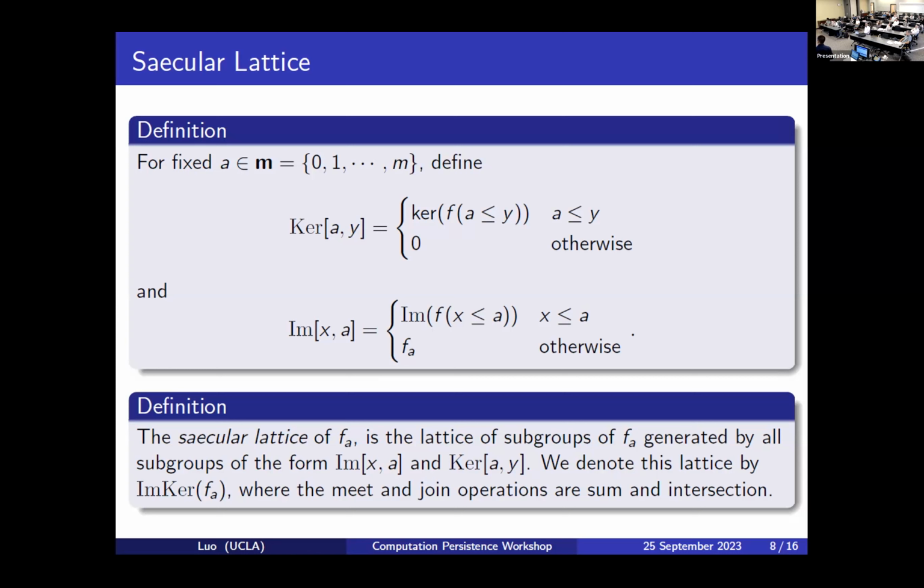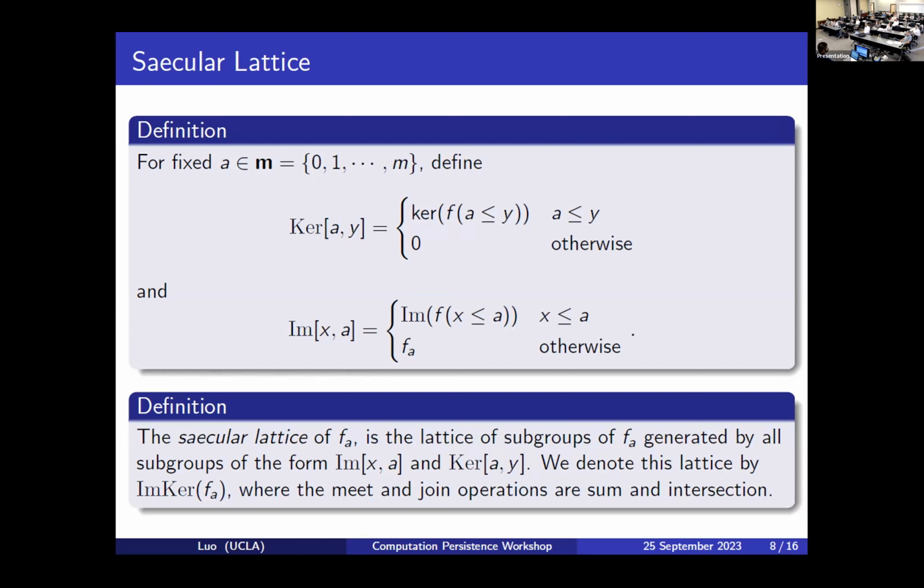And similarly, we can define M_{x,a} to be something similar, where when x is less than or equal to a, it's the image of the structure map from x to a, and otherwise it's just F_a. And this too can be thought of as a family of images that end in a.